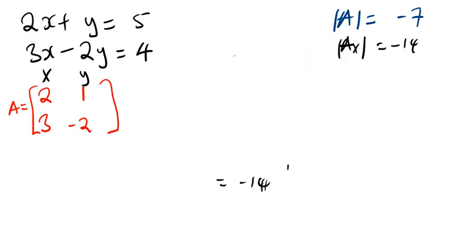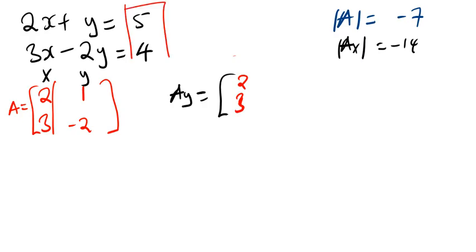Now, the next thing is I need to find AY. How can I find AY? I'm going to do the same. Matrix AY is going to be the opposite. I'll leave this the way it is, 2, 3. Then I need to replace y with the constant numbers which we have, which are 5 and 4. Then let's find the determinant.